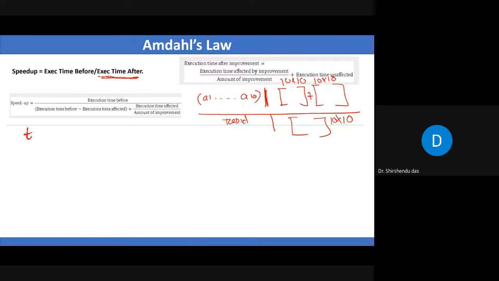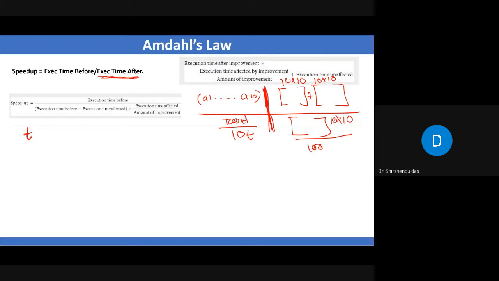So how many additions will be required? Suppose on the left side, how many additions are required? Here 10 additions are required, right? So it is 10t. And on the right side, how many add operations are required? 100, right? 100 additions will be required because these are two 2D matrices, and you just want to add these two matrices.